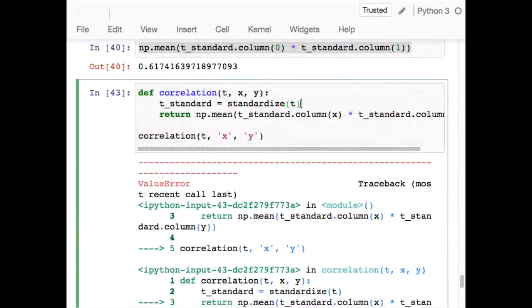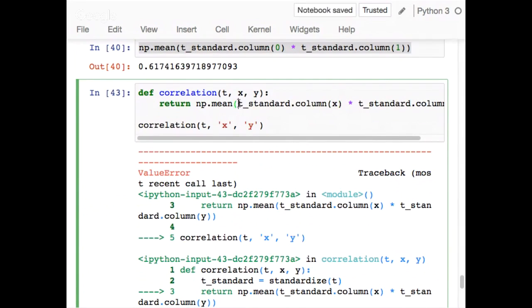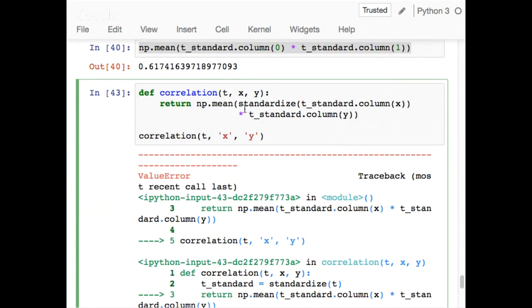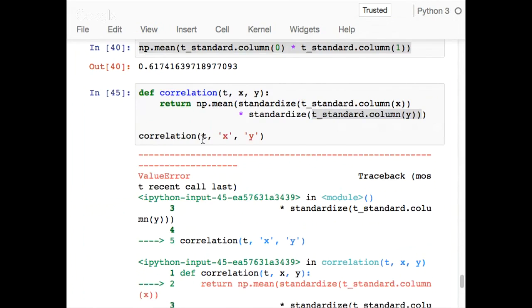So I'm going to need to do standardize. I just want to do this: take my T table, take my column X, and standardize that. Make mistakes too. Then multiply them together with this column in standard units. All right, let's try this and cross our fingers.